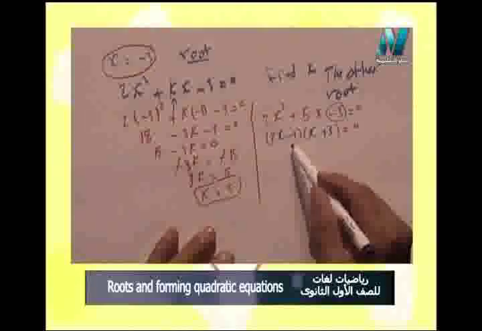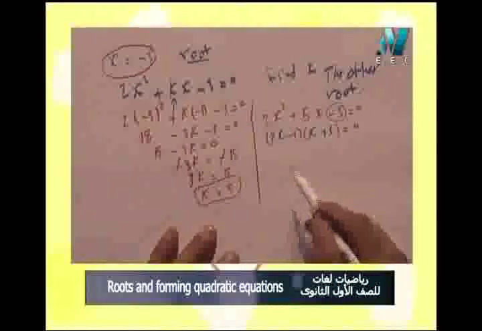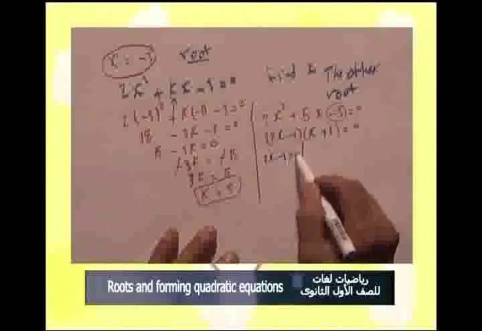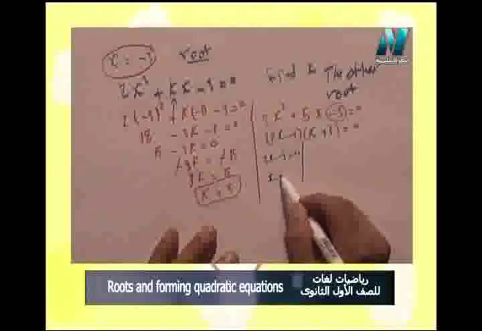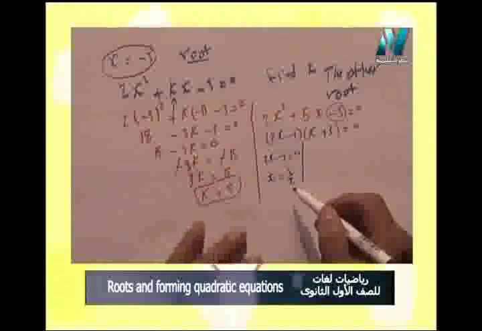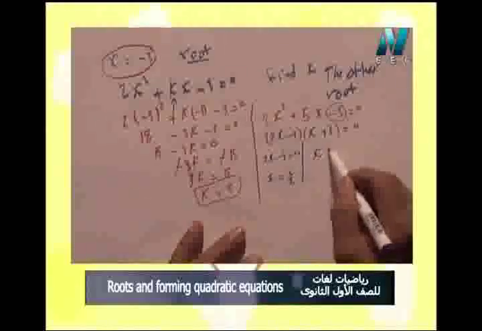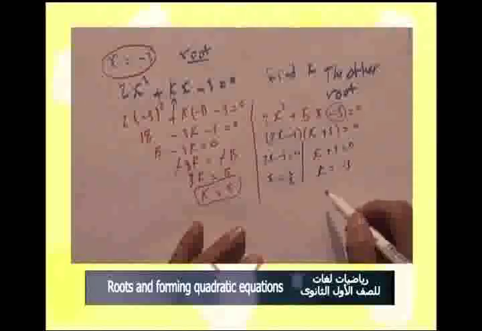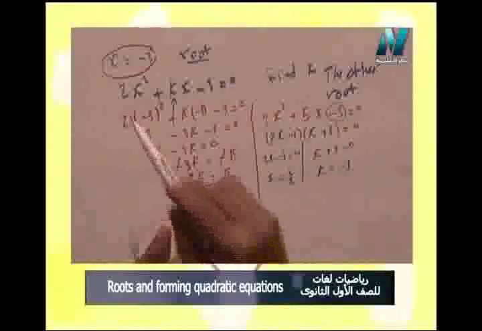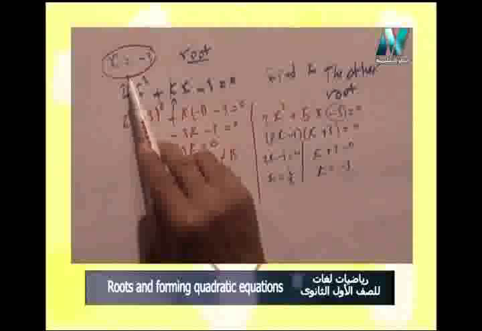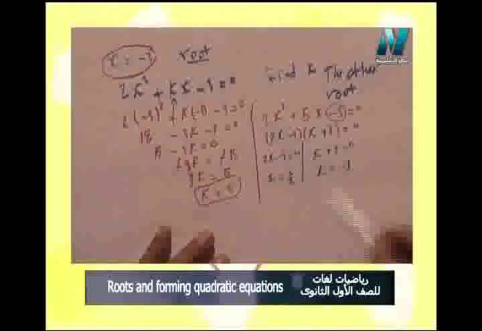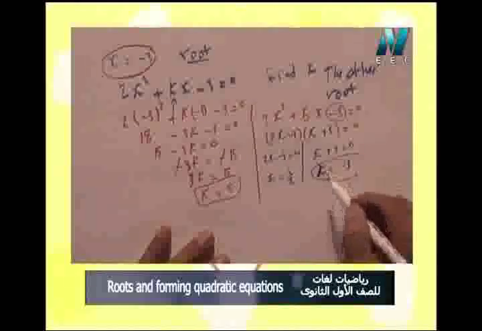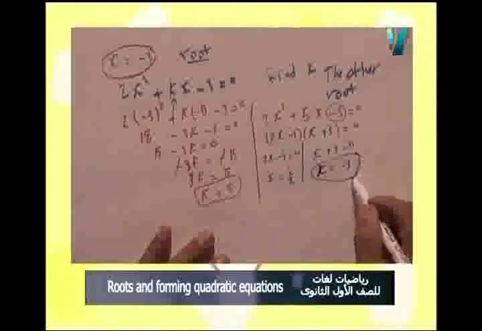Negative 3 will be negative 1 times 3, and 2x minus 1 equals 0, so x equals half, and we have here x plus 3 equals 0, so x equals negative 3. We have a root. He gave us the first root, x equals negative 3.